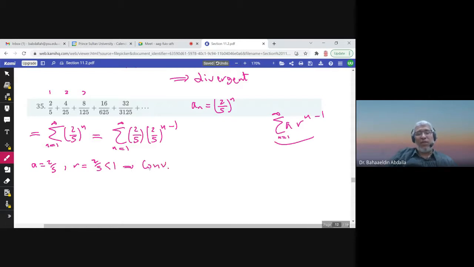So this series is convergent and the sum is a over 1 minus r. And if you divide these two numbers, you just get 2 over 3. So that's the sum of this series.